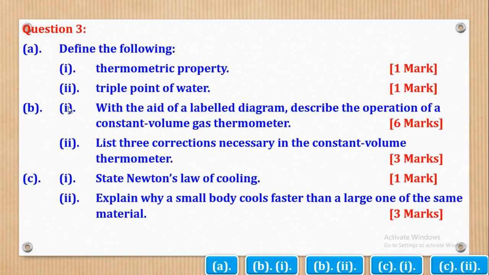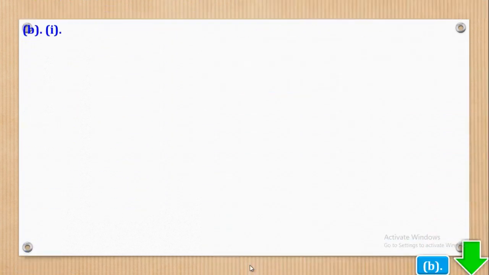Part B, Roman 1 says, with the aid of a labeled diagram, describe the operation of a constant volume gas thermometer. Such a description is easily done with a diagram. So let's first draw our diagram of a constant volume gas thermometer.